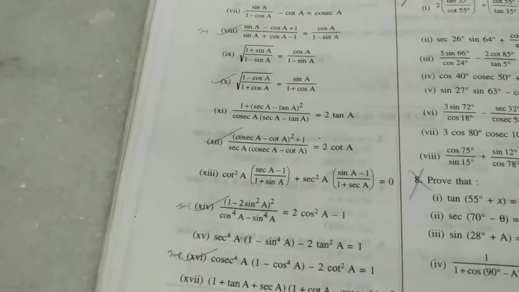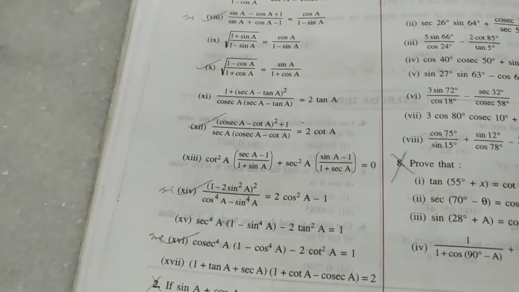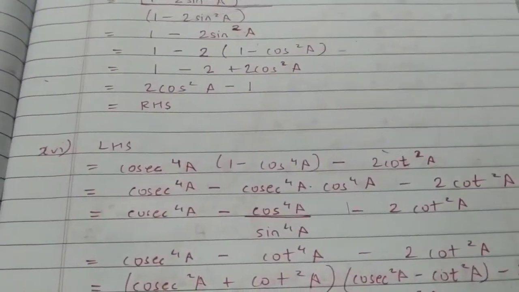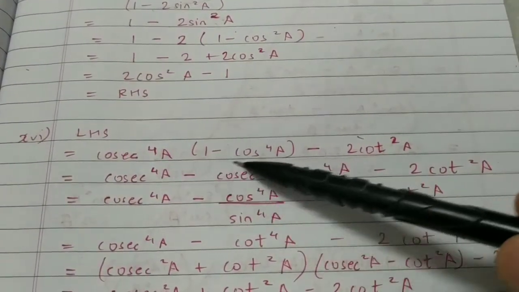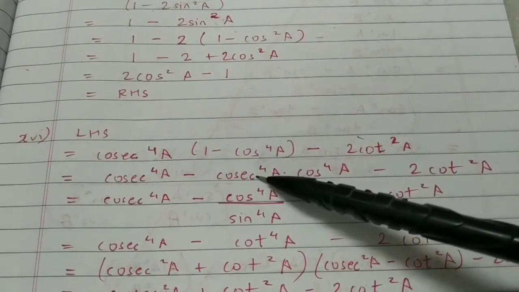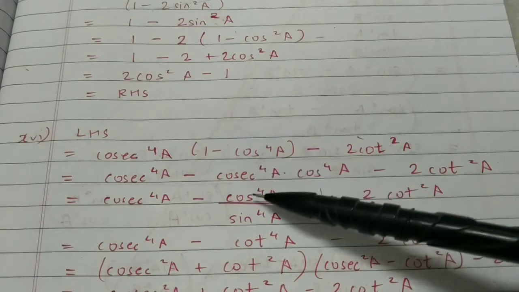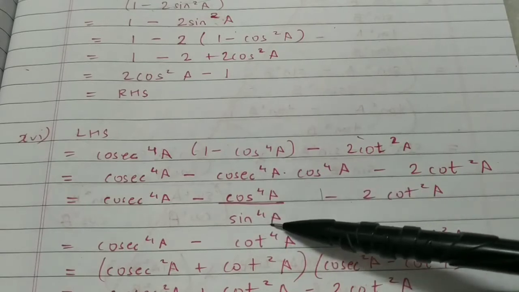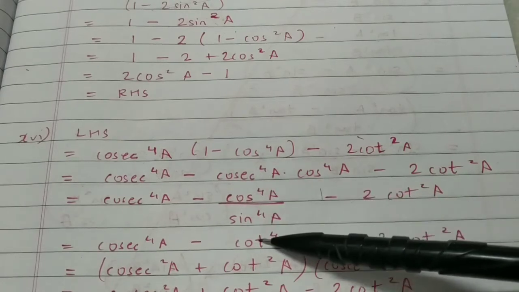Now the 16th sum, again it's an IMP sum. We'll start with the LHS. First, open the brackets, distributive multiplication. This cosec raised to 4a is nothing but 1 upon sine raised to 4a. So let's convert it into that format, because cos upon sine is cot.